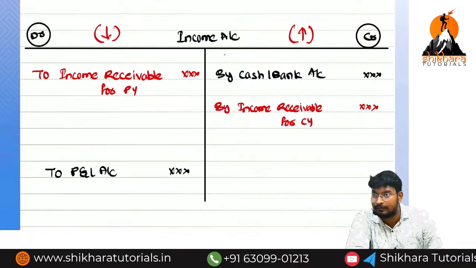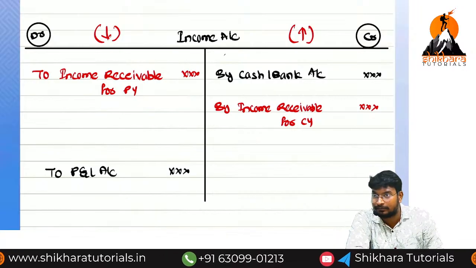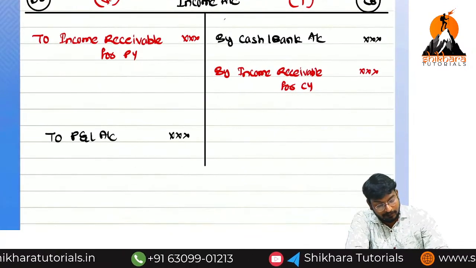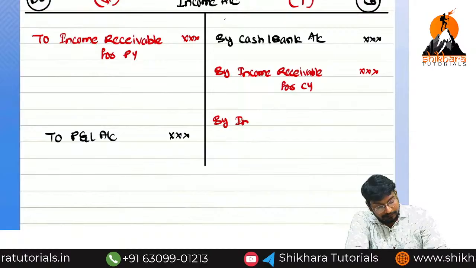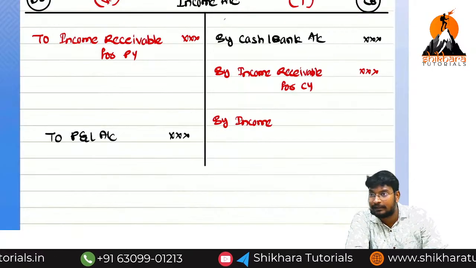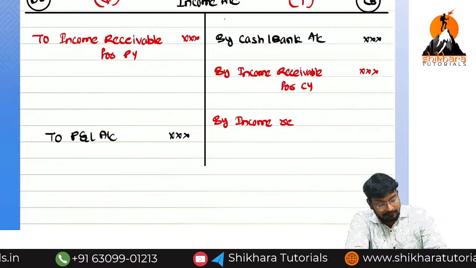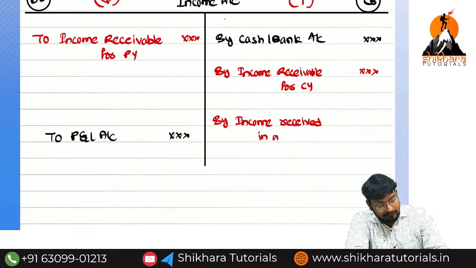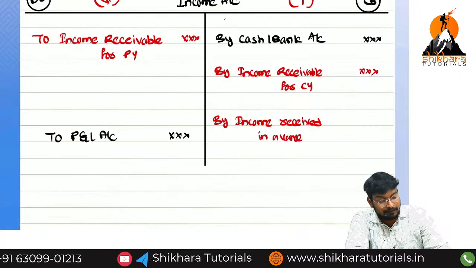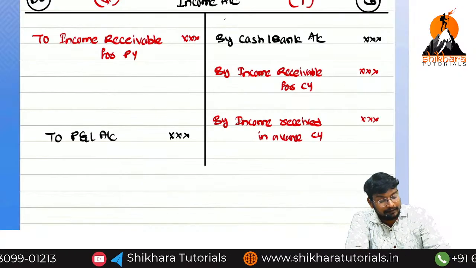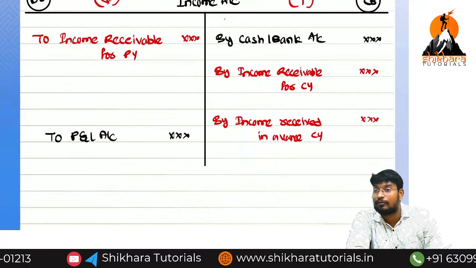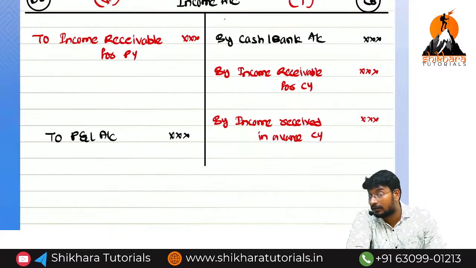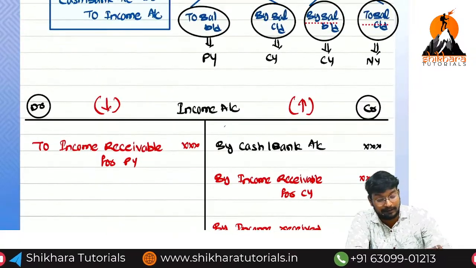Income in advance. Current year means, okay. What we need to write here? By income received in advance. Which year? Related to current year. Related to current year means which balance? Opening balance or closing balance? Opening balance.